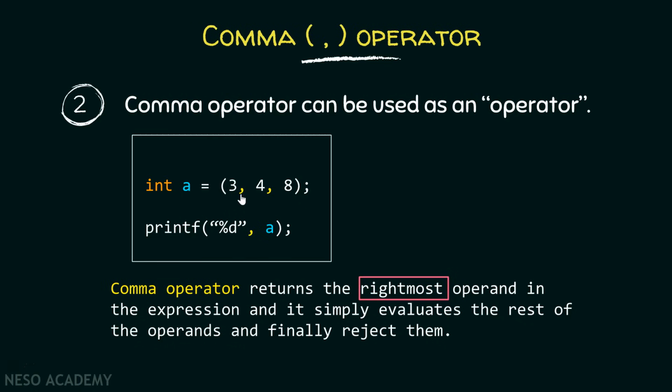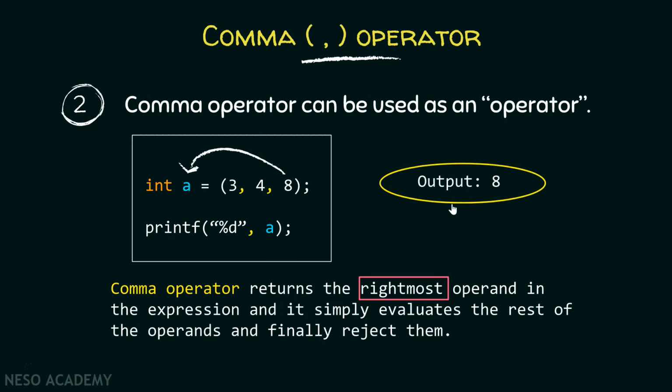Here in this expression, rightmost operand is 8. Isn't that so? And it simply evaluates the rest of the operands and finally rejects them. Here, this value is going to get returned to this particular variable A. Therefore, the output of this particular program is 8.